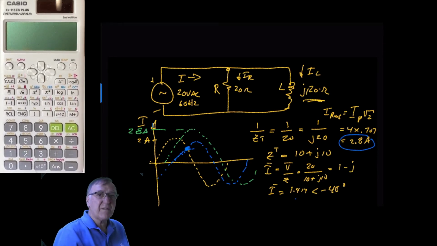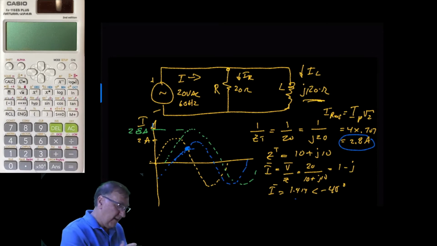So hopefully this gives you a little more understanding and a visual of what's happening and why we can't just add currents one for one in an AC circuit as we can in a DC circuit. We have that phase shift, and this is how it looks.